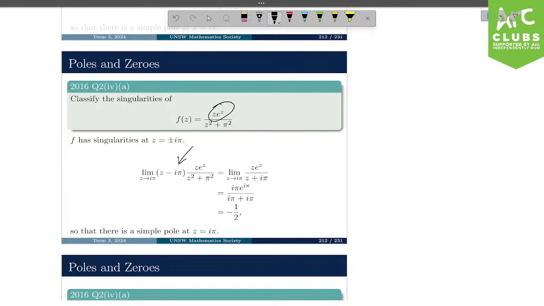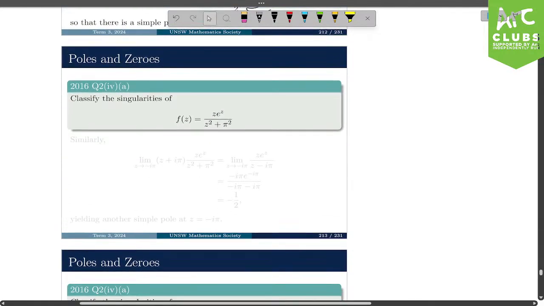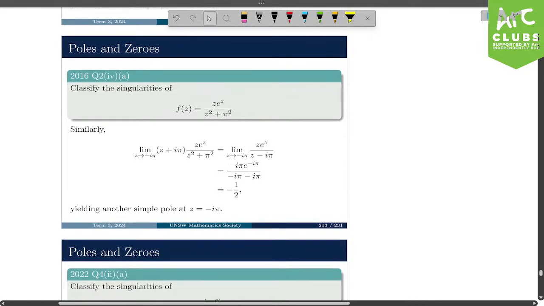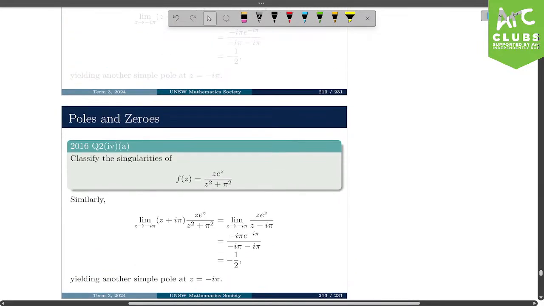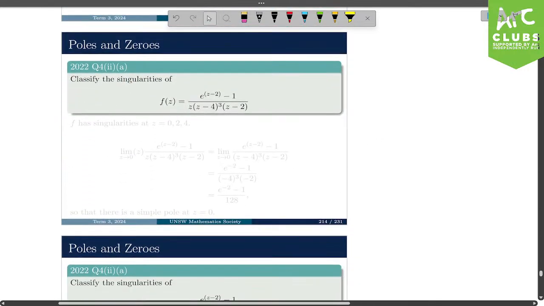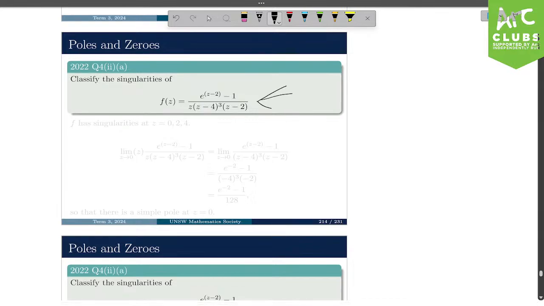After this attempt, it breaks down and gives us a proper value. So that becomes a simple pole at i pi, and we do the same thing with the limit for minus i pi. Fantastic.